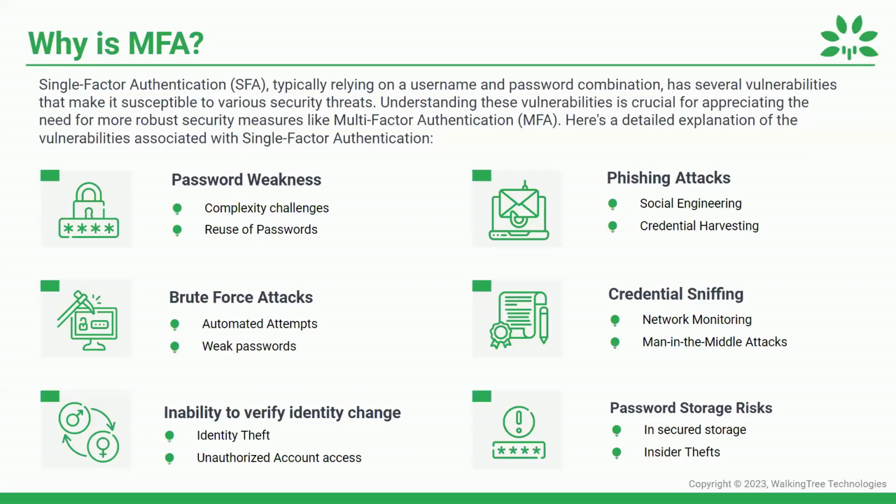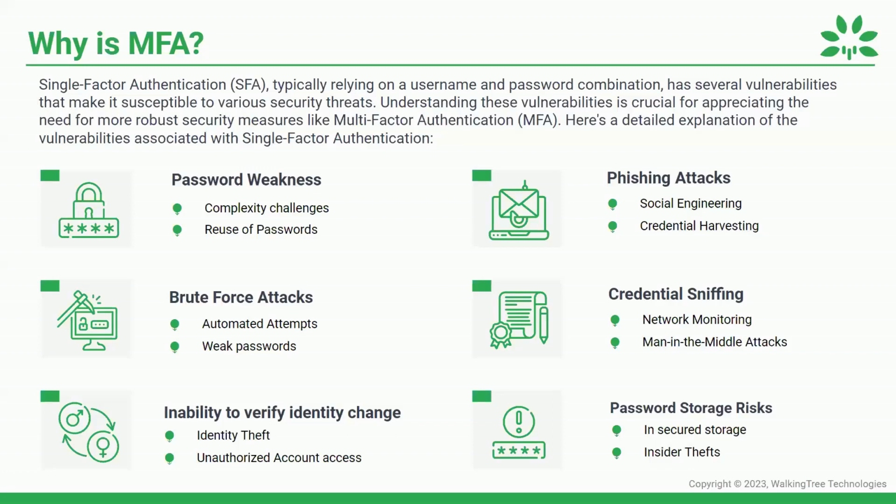If somebody else cracks your password, you're lost. I mean, your account access is gone for a toss. Anybody can access it on your behalf. Phishing attacks are another way to lose your identity or access, like social engineering and credential harvesting. Brute force attacks, like trial and error methods, work because you use weak passwords.